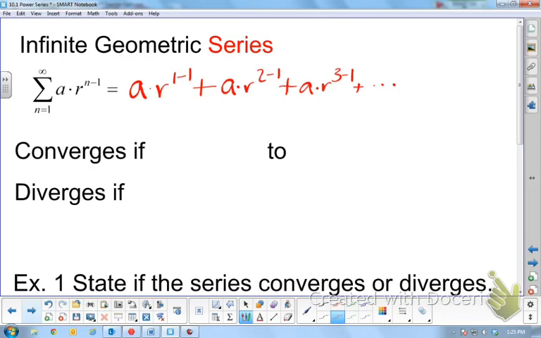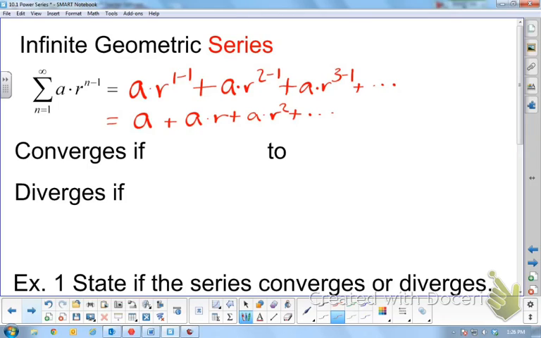And we could simplify that some. If we have r to the 1 minus 1, what is that really? R to the 0, which is just 1, so I could write this as a plus a times r, because we don't usually write to the first, plus a times r squared, plus dot dot dot.